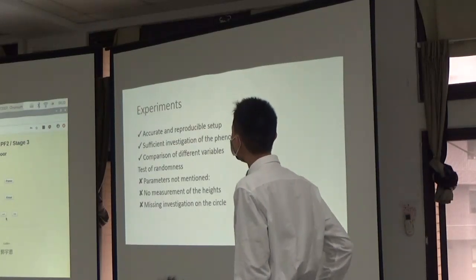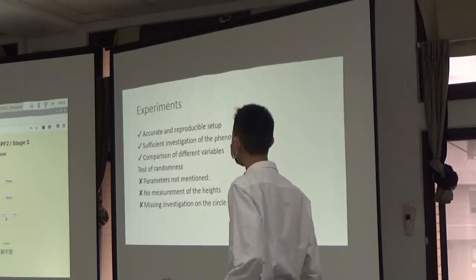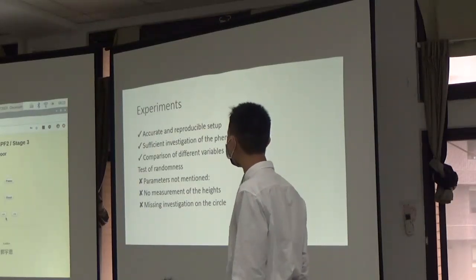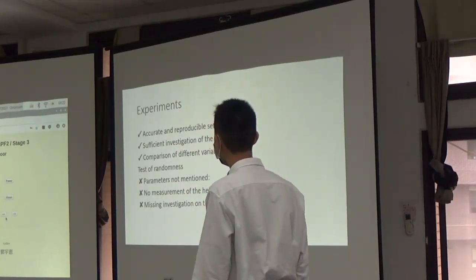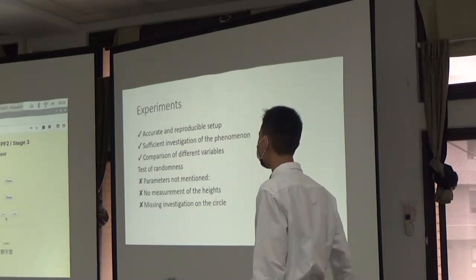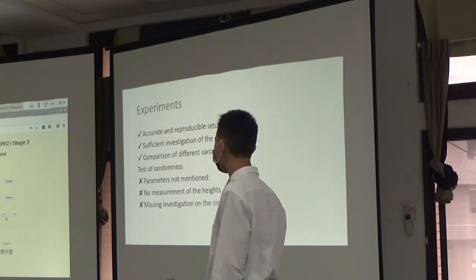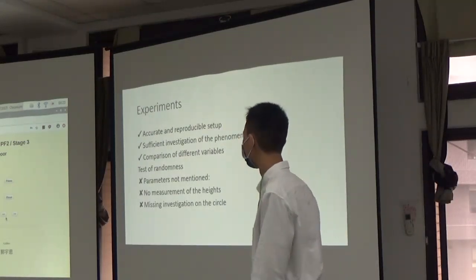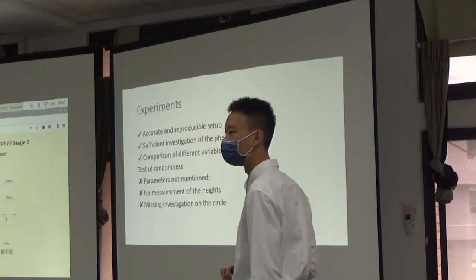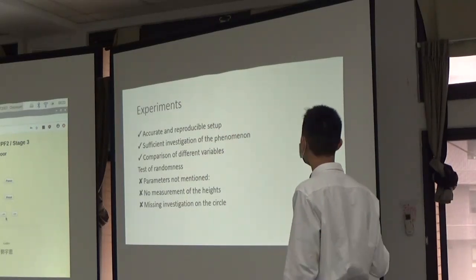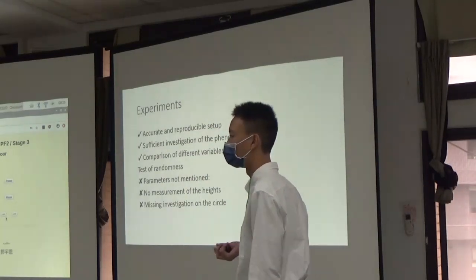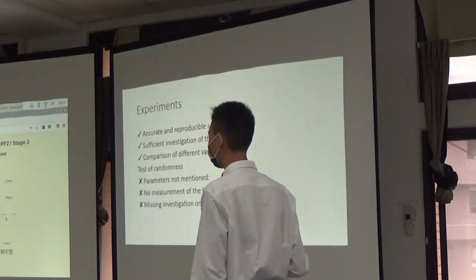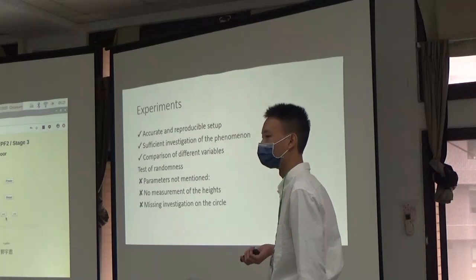When it comes to the experiment, they have an accurate and reproducible setup, sufficient investigation of the phenomenon, and comparison of different variables. When it comes to the test of randomness, they have some parameter comparison, but they have not measured, perhaps, the height they drop the ink, which might also influence the results of the experiment, and I think they need investigation on the circle.